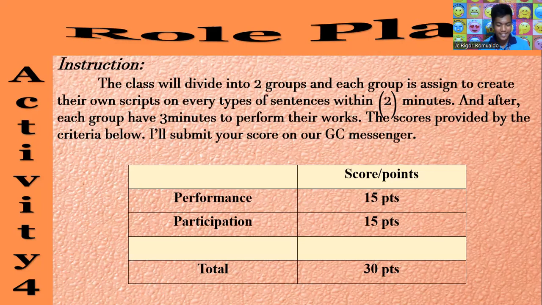Performance is equivalent to 15 points, and participation is equivalent to 15 points. This role play totals 30 points. Are you ready, class? So I'll give you 2 or 3 minutes to prepare. Please do it now.